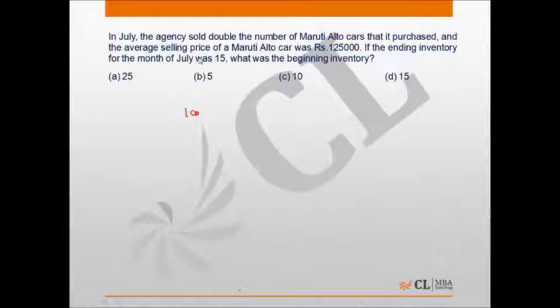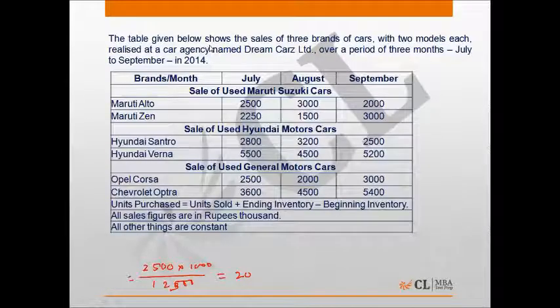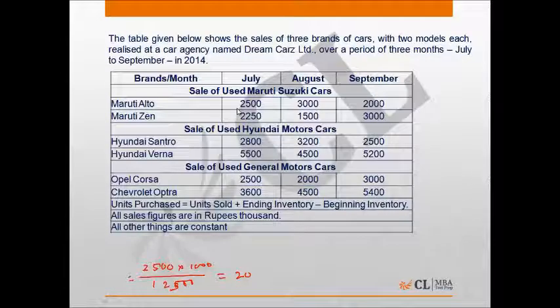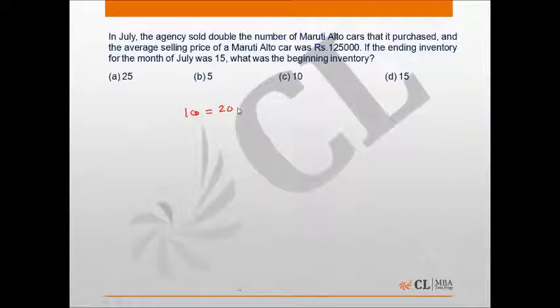The relation is the number of units purchased, that is 10, equals the number of units sold, which is 20, plus ending inventory, which is given as 15, minus the beginning inventory, which we have to calculate.